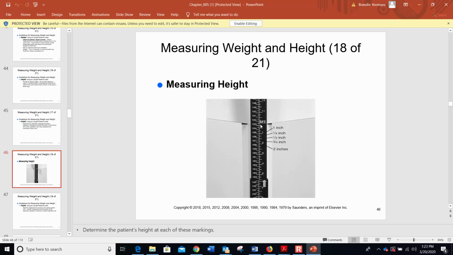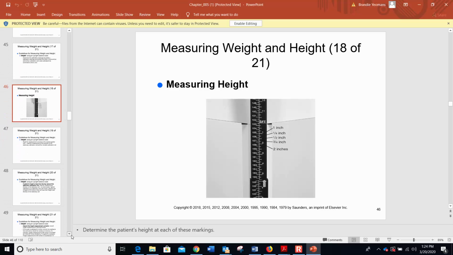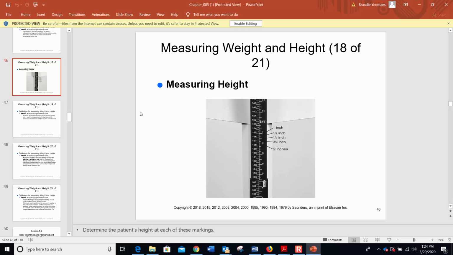All you have to do is take that little portion that sticks out to rest on the top of the patient's head with the patient looking forward, and then you'll be able to measure their height. That's not very difficult at all.